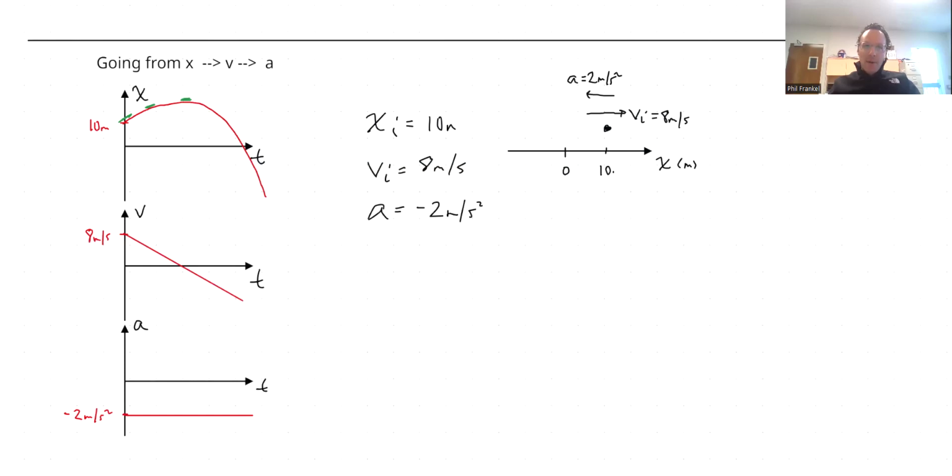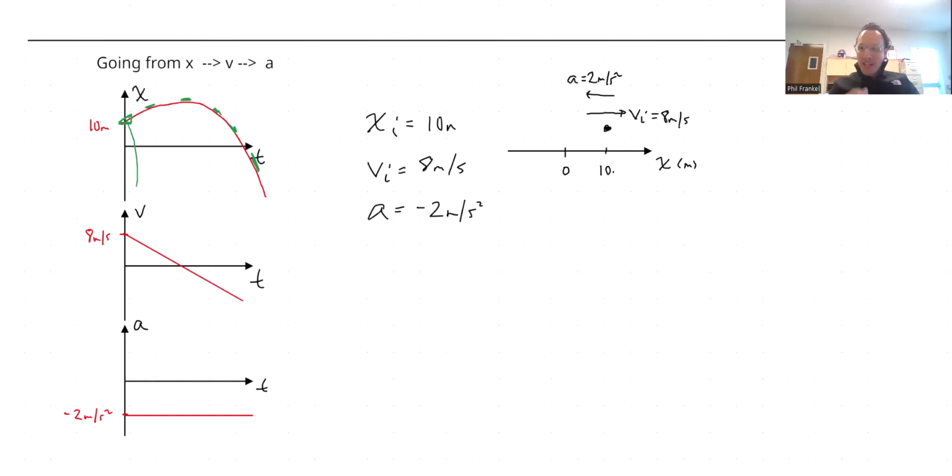The position versus time graph then has a small negative slope, a larger negative slope, and a much larger negative slope. And the slope of the position versus time graph is just the rate at which the position is changing. That means it is just the velocity value. If I were to draw a little triangle here and calculate the slope of that little tangent line that I drew to the graph, that slope value would be 8 meters per second.